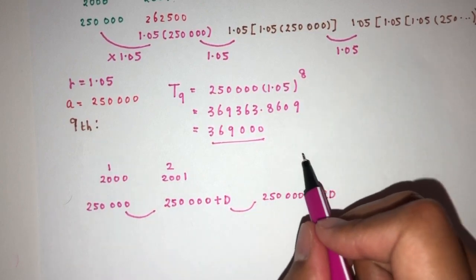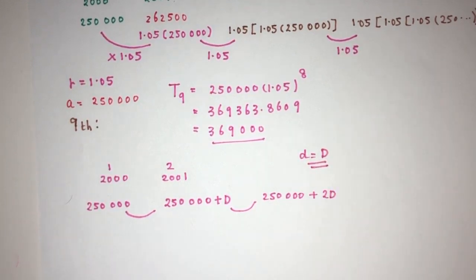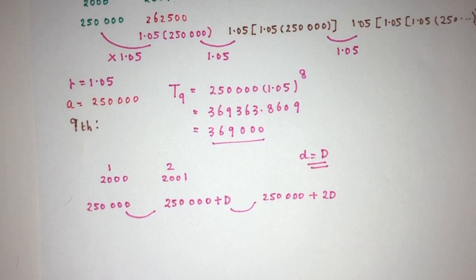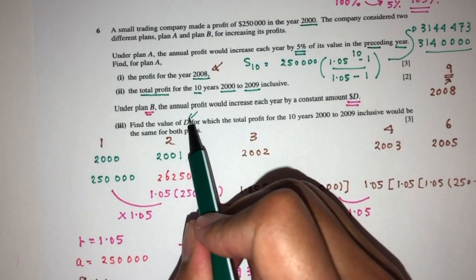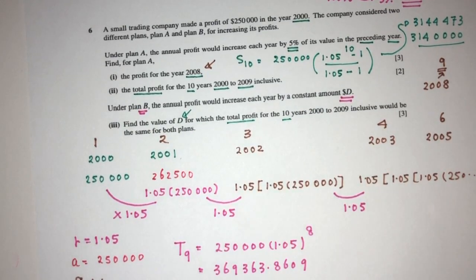So we have a common difference of D. If we increase by the same amount, it is an arithmetic progression. Now we have to find the value of D for which the profit in the 10 years will be the same for both plans.